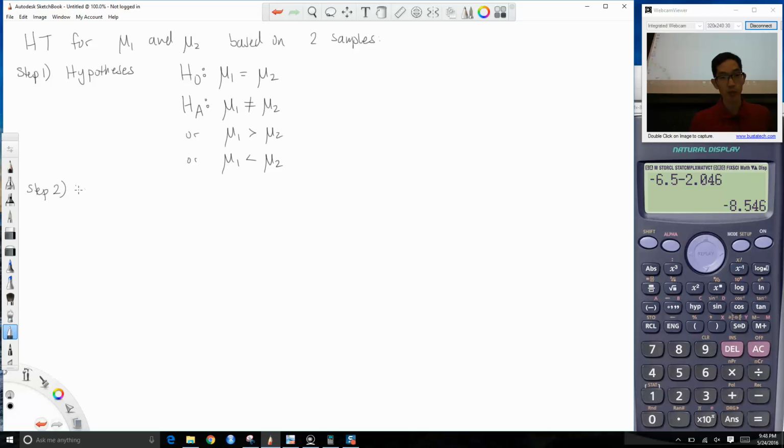Step 2. Prepare, so we check our conditions and identify alpha. Okay, the default is alpha equal to 0.05, same as before.